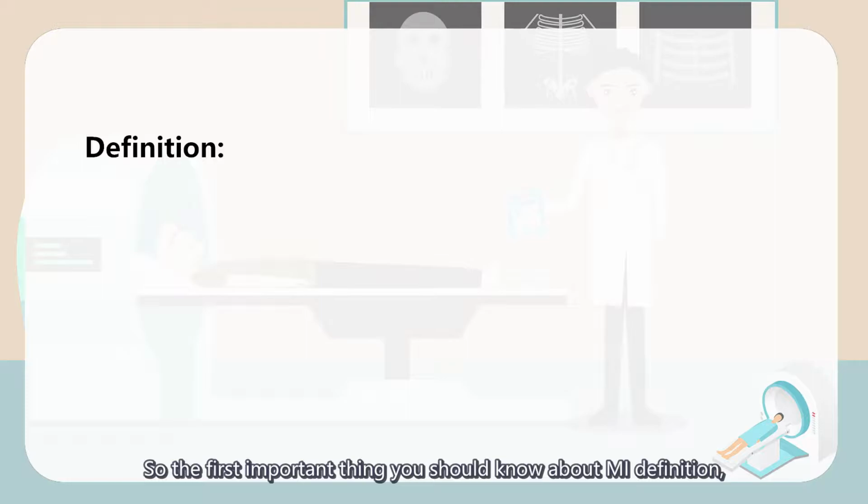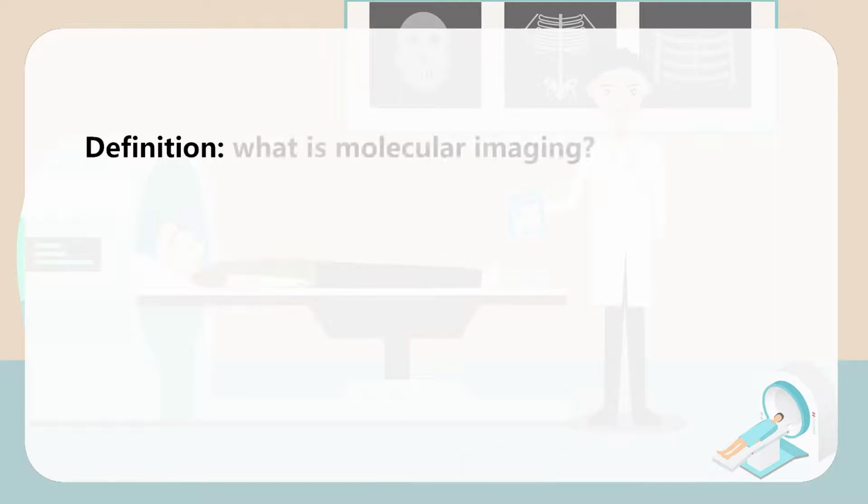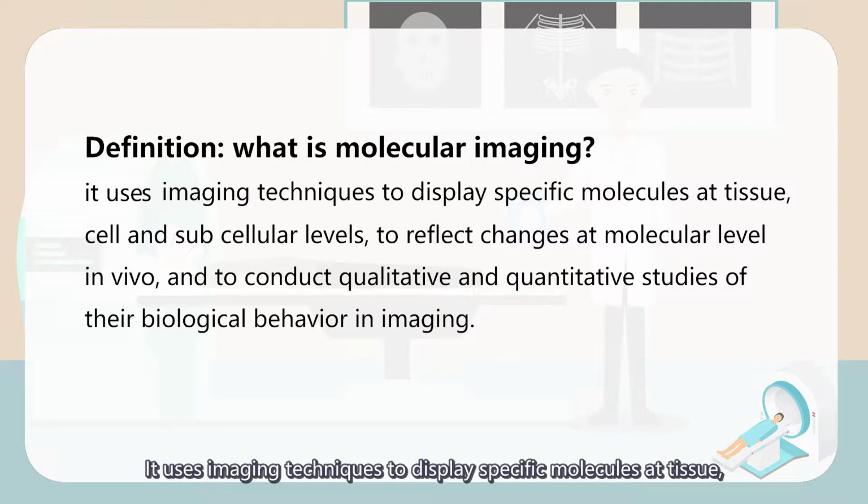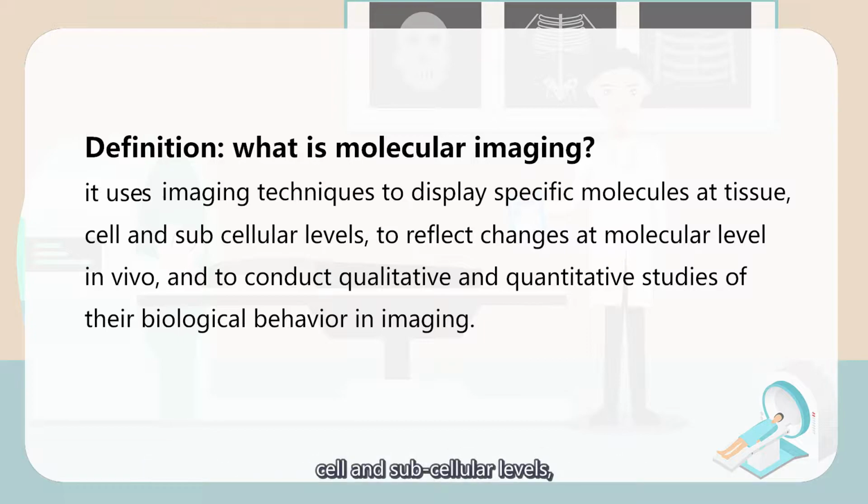So the first important thing you should know about molecular imaging is the definition. What is molecular imaging? It uses imaging technique to display specific molecules at tissues, cells, or subcellular levels to reflect changes at molecular level in vivo, and to conduct qualitative and quantitative studies of the biological behavior in imaging.